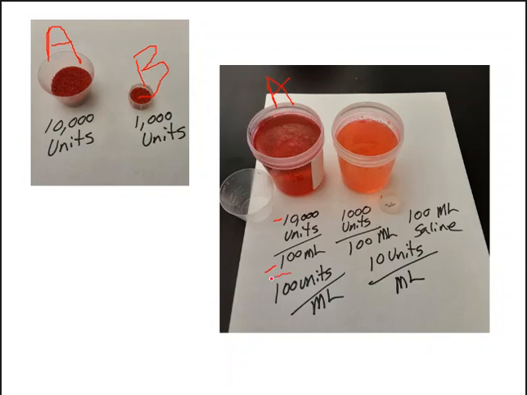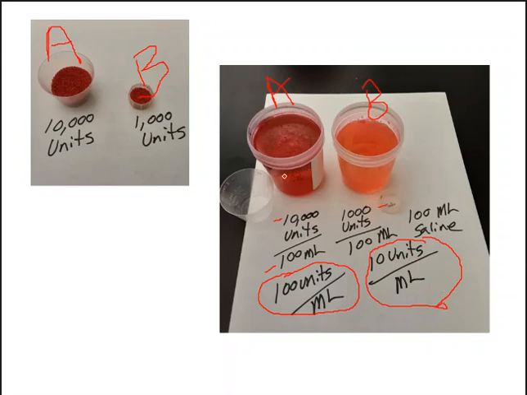So that equals 100 units per ml. Here in cup B, we put the 1,000 units. So we've got 1,000 units, 100 milliliters of saline. So that works out for cup B to be 10 units per ml.